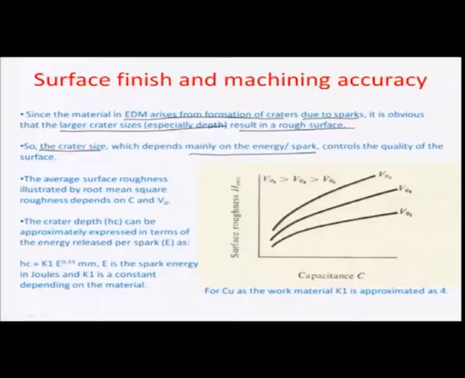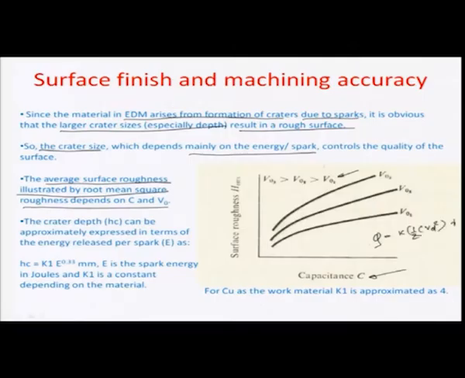The average roughness is illustrated by root mean square roughness, and this mainly depends on two important aspects: one is the capacitance and another is the operating voltage. I think we have already mentioned n number of times before that Q, the material removal rate, is proportional to half CVD square and the frequency.